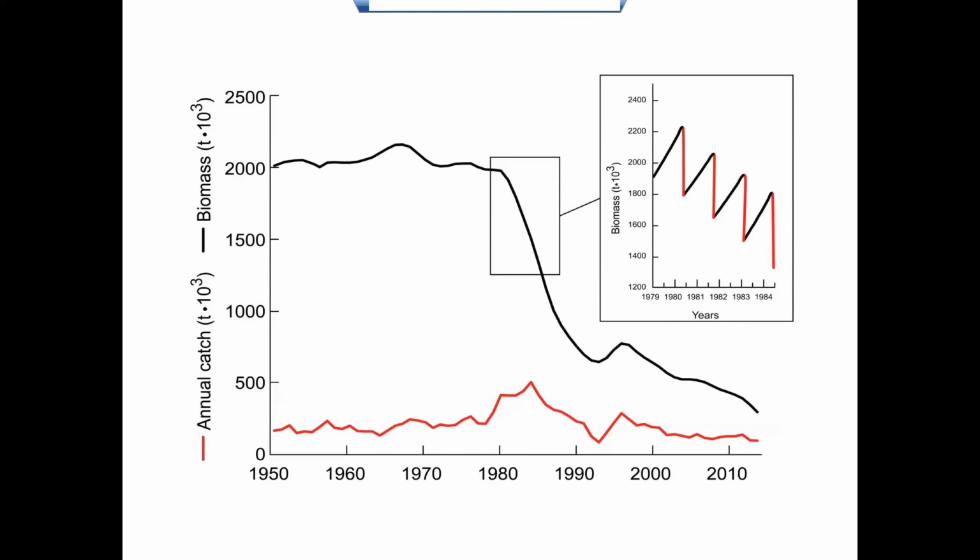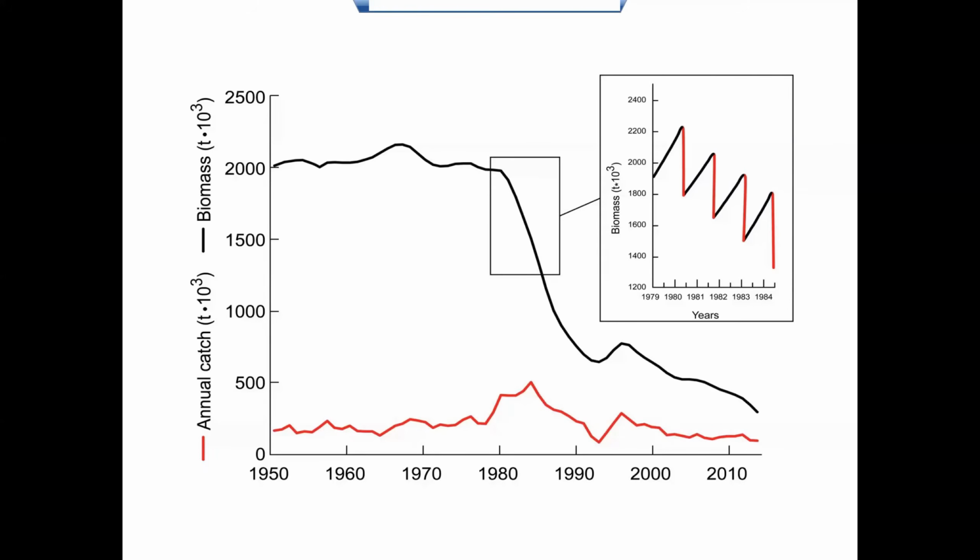You assume, you guess a value of unexploited biomass and growth rate. And you have a catch in red. And for each year, you subtract this catch from the biomass that you assume, and you let the population grow according to the biomass times the population growth rate.